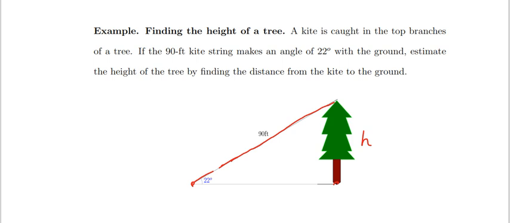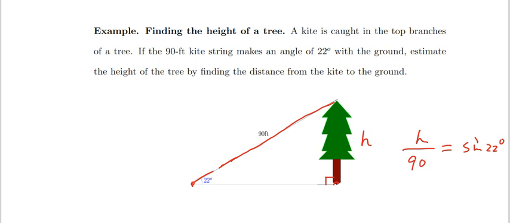So we regard this as a large triangle, right? We want to find h. So we say h over 90. This time, this ratio is this 22 degree angle's sine, right? So this equals sine 22 degrees.